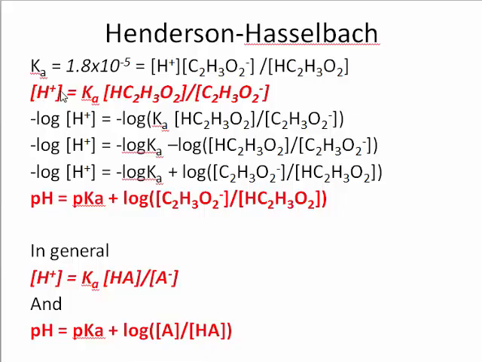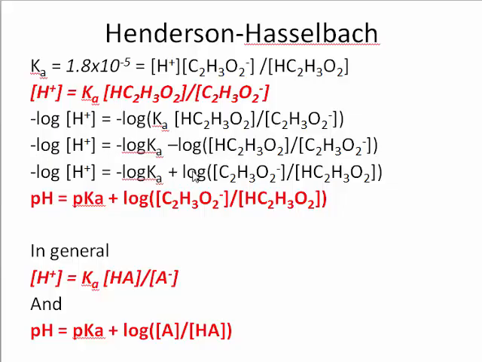Another way of approaching this problem, you will often see, especially in biochemistry, is taking the negative log of both sides. In this case, negative log of H plus is negative log of Ka times acid concentration over base concentration. We can separate terms on the right hand side. That's negative log Ka and negative log of the acid to base ratio.